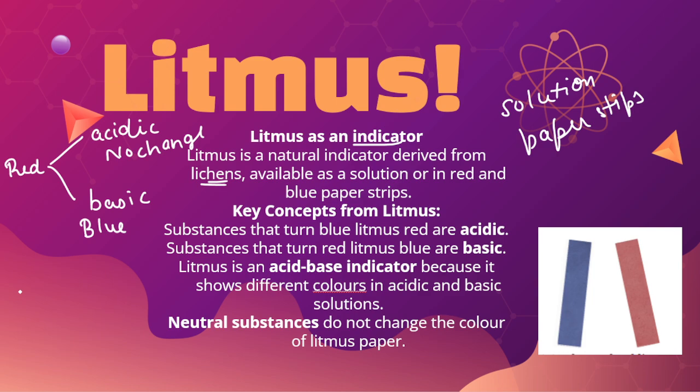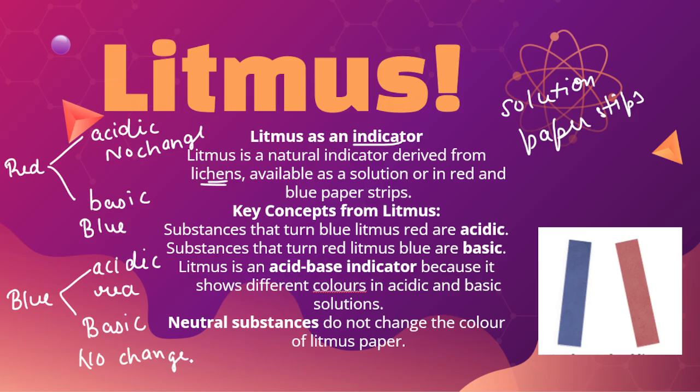On the other hand, if we talk about blue litmus paper, then in an acidic solution it will turn red, but in a basic solution it will show no color change. Then what will happen if the substance is neutral? Of course, there will be no color change. So this is all about litmus and lichens.